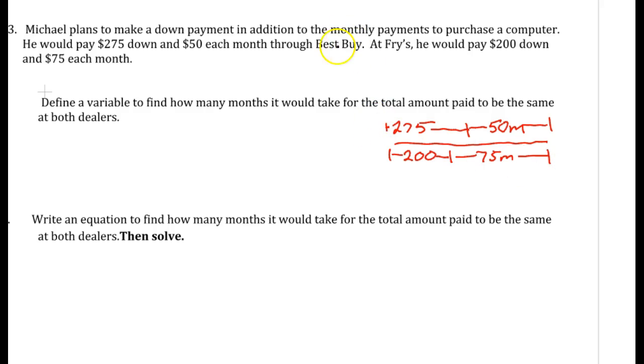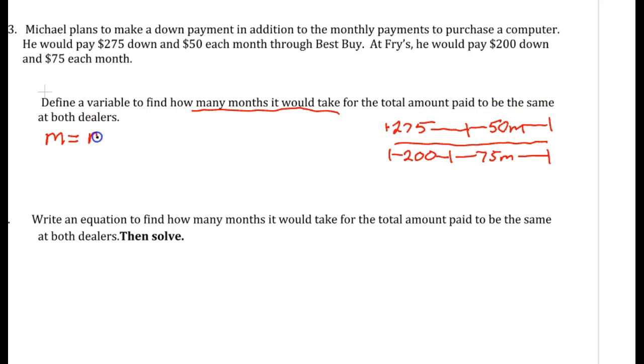And we're trying to find out when will they be the same. Okay, so basically when are they equal to each other. So we know that M is the number of months, because it's asking how many months would it take for them to be the same.